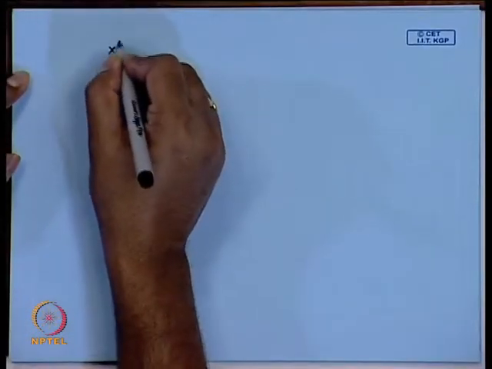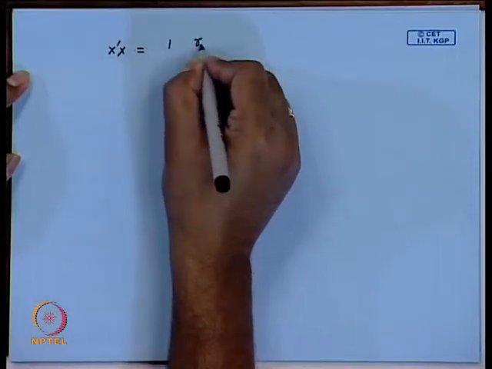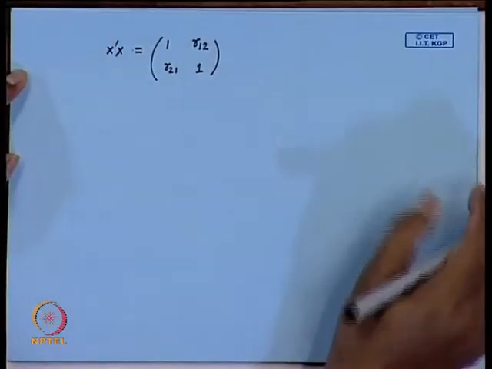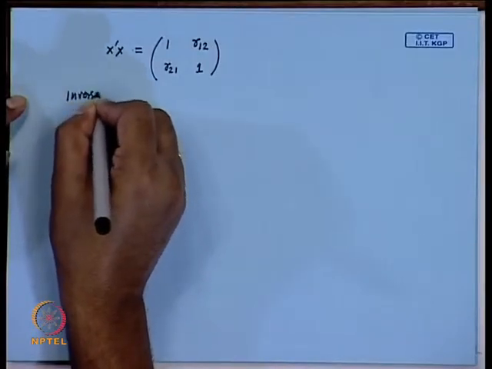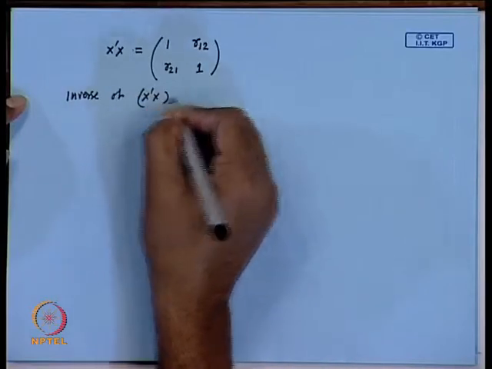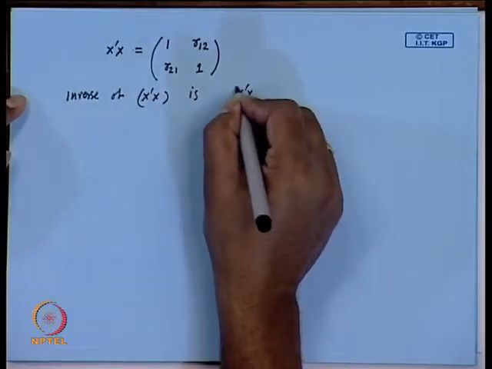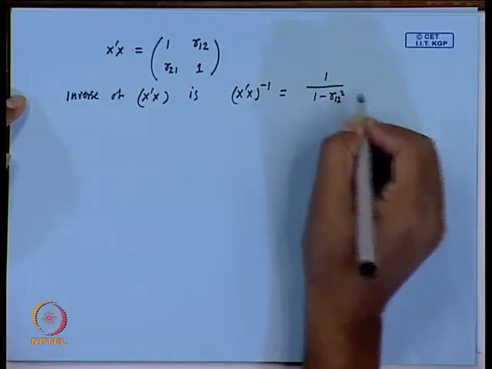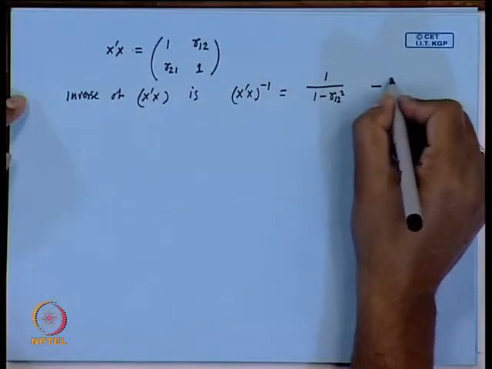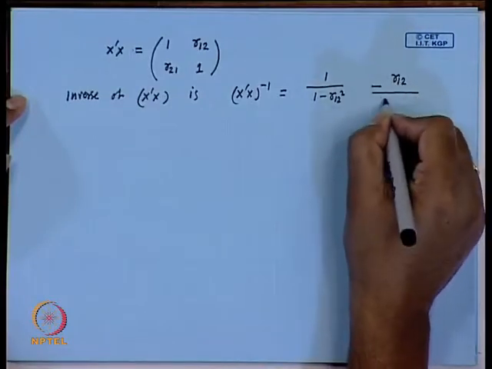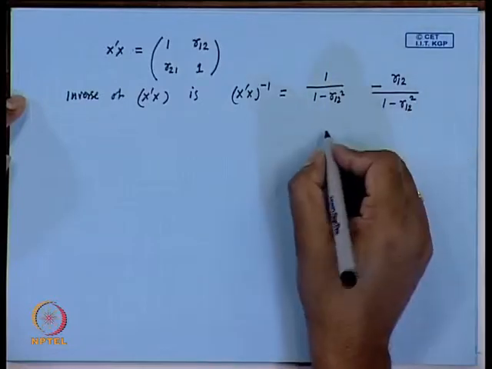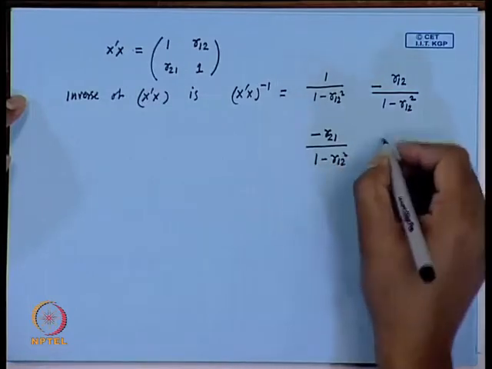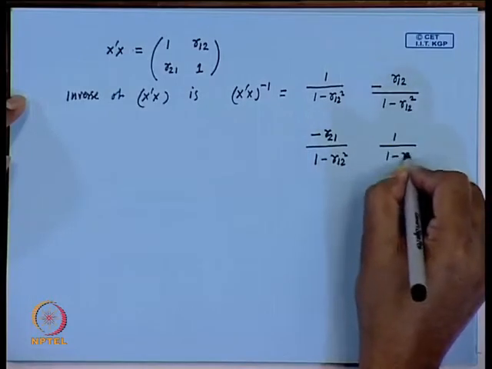Well, so what we have is that X prime X is equal to [1, r12; r21, 1], and you can check that the inverse of X prime X is (X prime X) inverse, which is equal to [1/(1 - r12 squared), -r12/(1 - r12 squared); -r21/(1 - r12 squared), 1/(1 - r12 squared)].